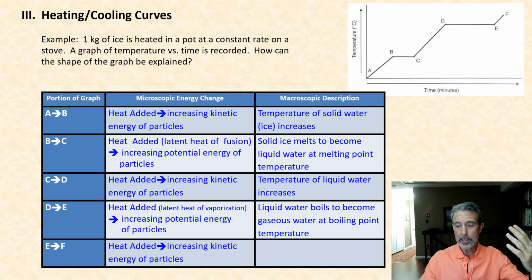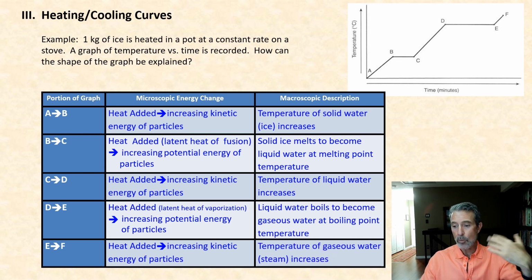once again you see that the heat we add goes into increasing the kinetic energy of the particles, which is, from a macroscopic perspective, increasing the temperature of those gaseous water molecules as steam.